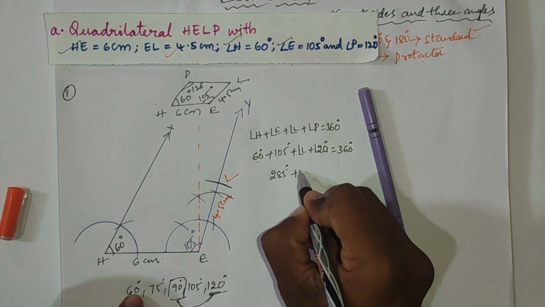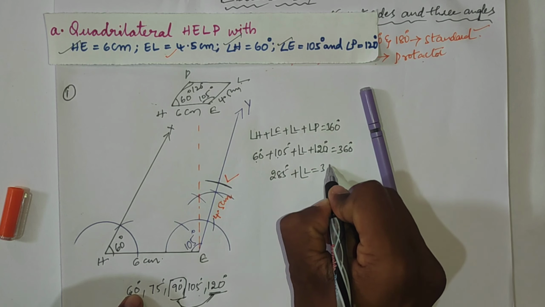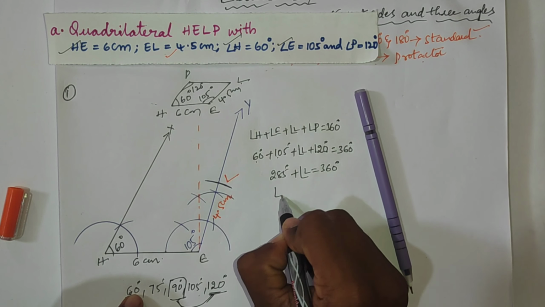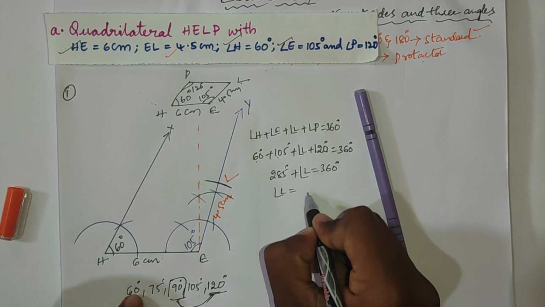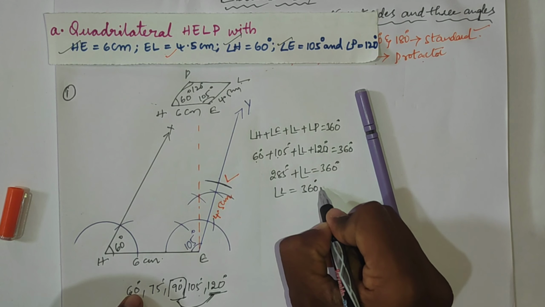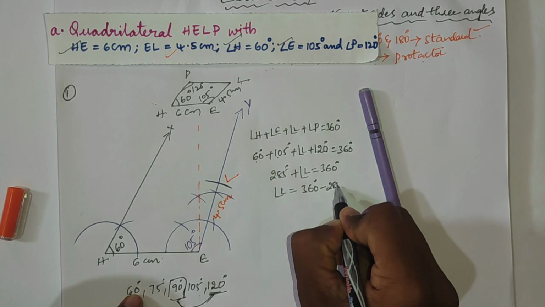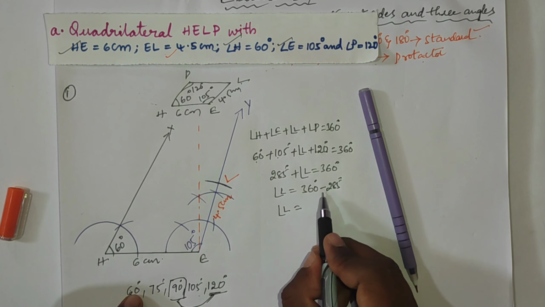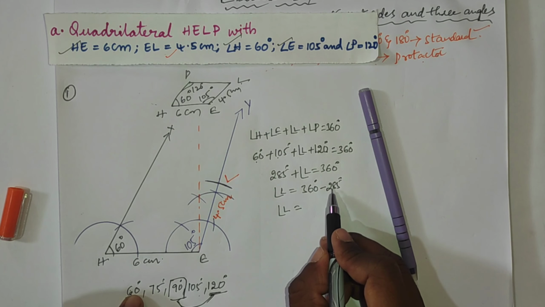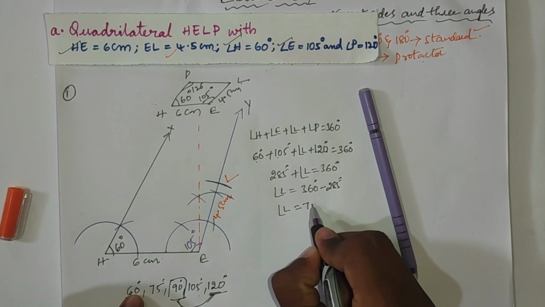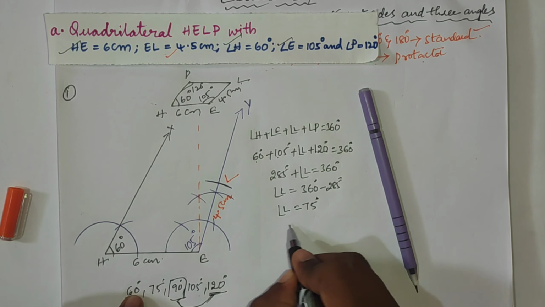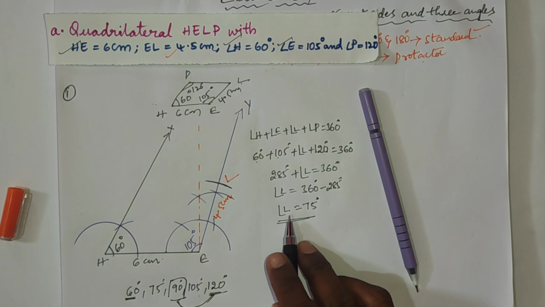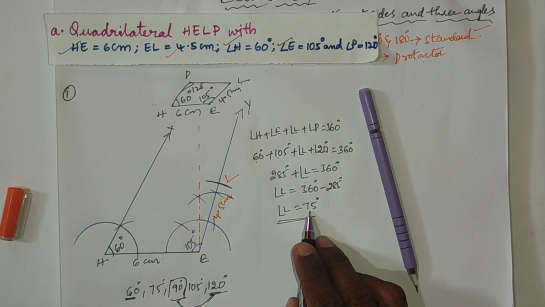So 285 degrees plus angle L is equal to 360. Then angle L is equal to 360 minus 285, transposing, plus becomes minus. Subtracting, you will get 75 degrees. So angle L is equal to 75 degrees.